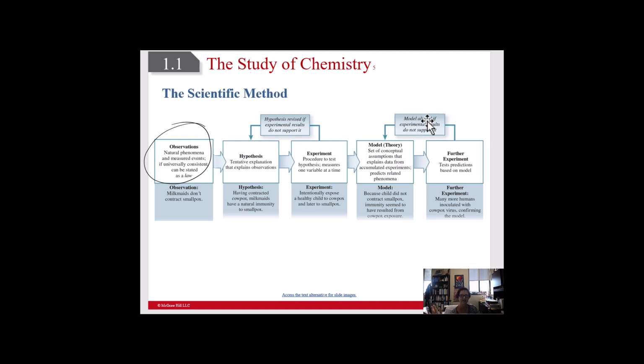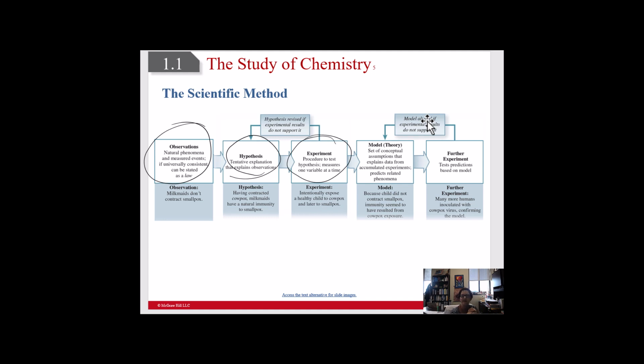If it's not a law and you're going to see if you can figure something out about it, you will form a hypothesis. A hypothesis is a tentative explanation, an educated guess about what's going on. How would that explain what you are seeing? Then you make experiments.